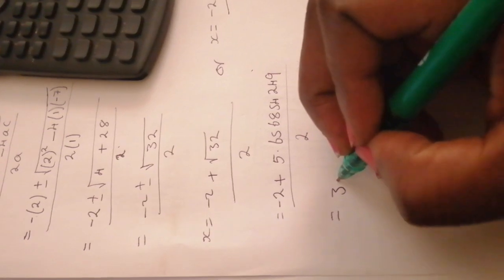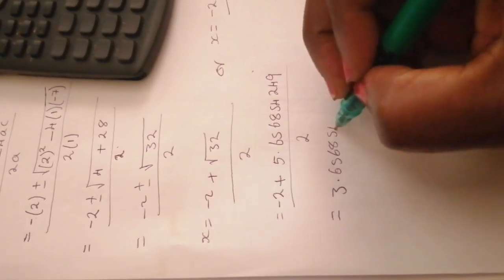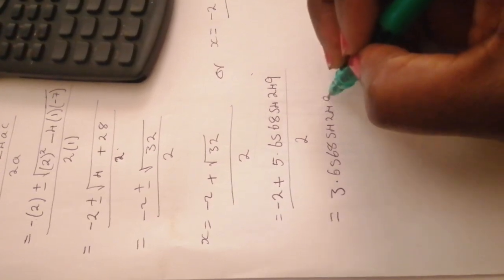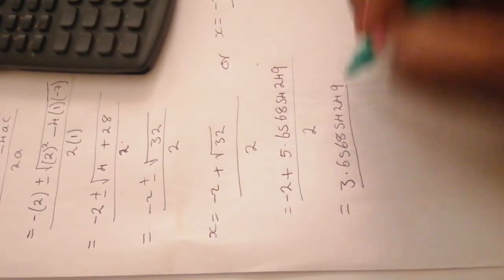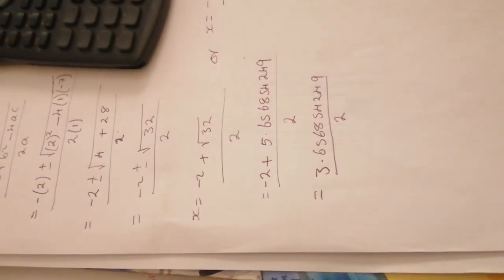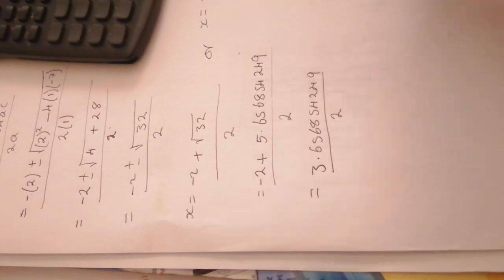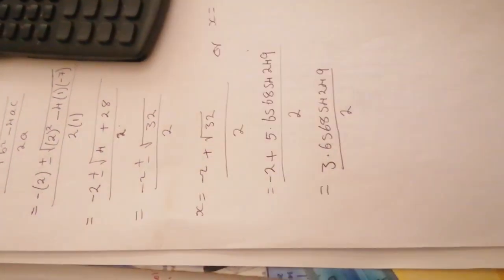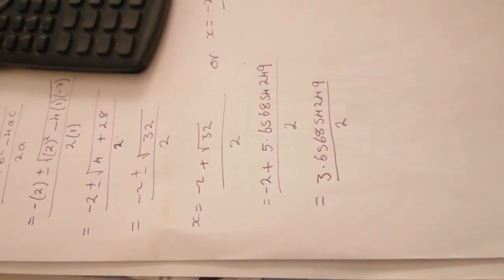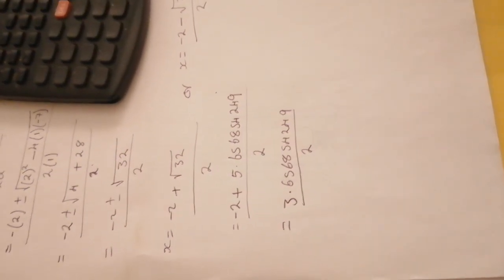It's going to give us 3.6568542449 divided by 2. Again, this is paper 2, so you can use a calculator. Just key in negative 2 plus 5.65, then you get your answer, which is 3.6568542449.